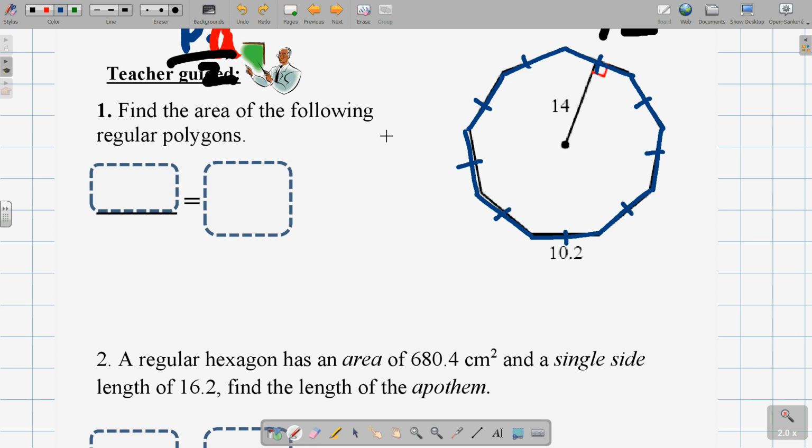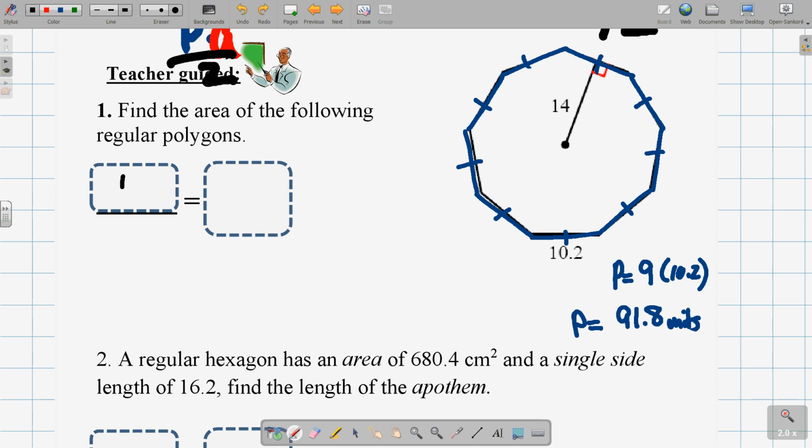First thing I'm going to do is find my perimeter, which is 9 times 10.2. 91.8 units. Just found ourselves our perimeter.